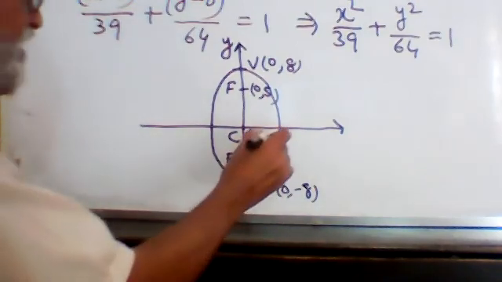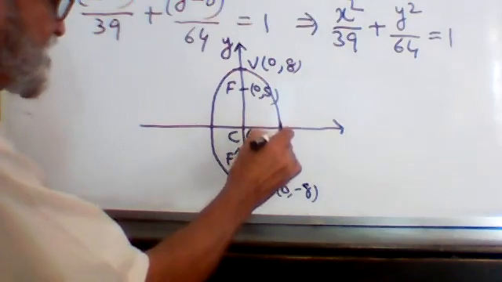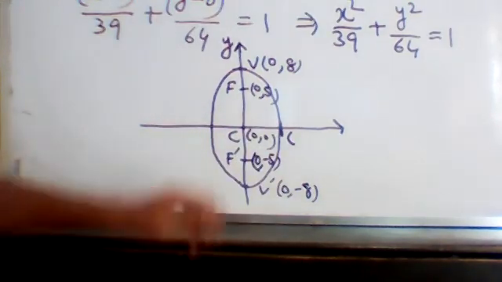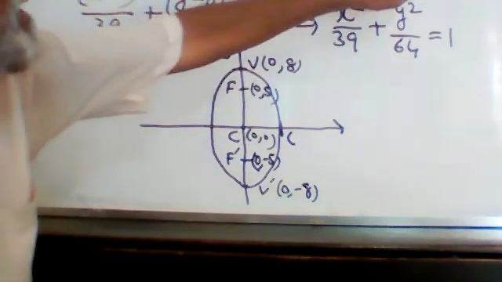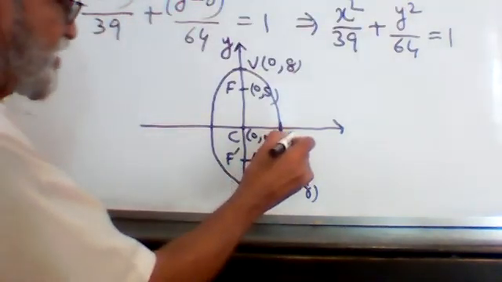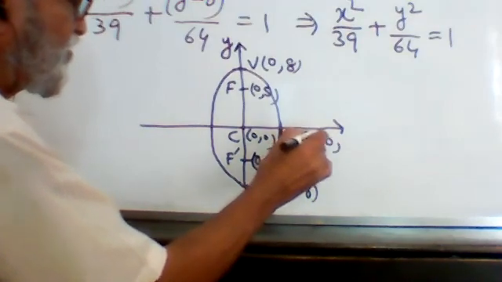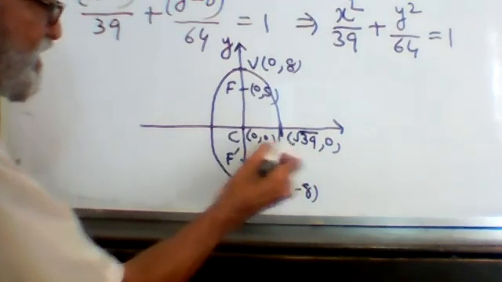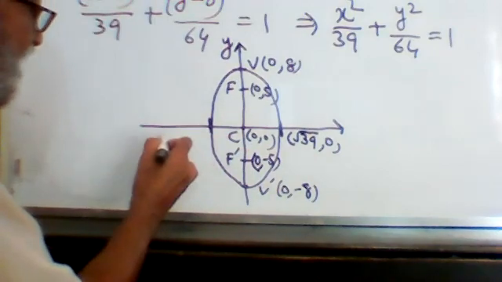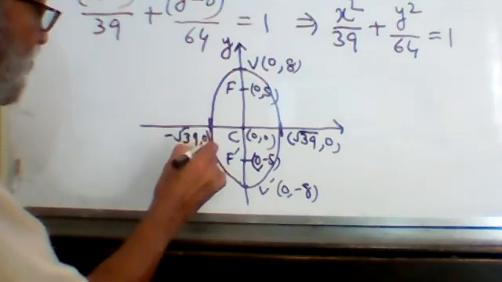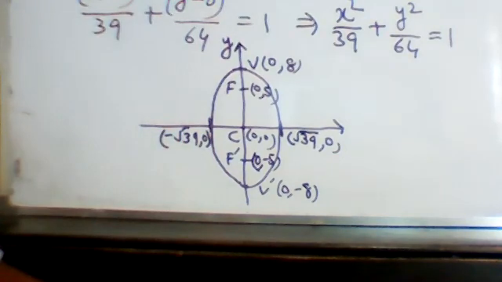And here the end of the minor axis, this is on the x-axis. So the value of b is plus minus under root 39. So this is under root 39, 0. This is on the x-axis, so the x coordinate will be changed. And here minus under root 39, 0. This is the end point of the minor axis.